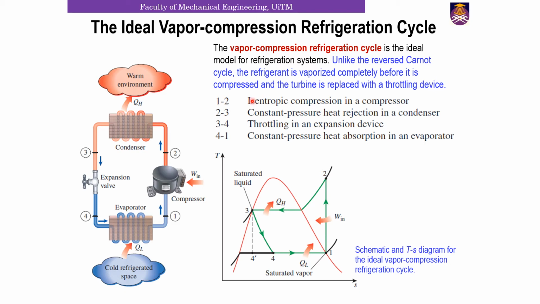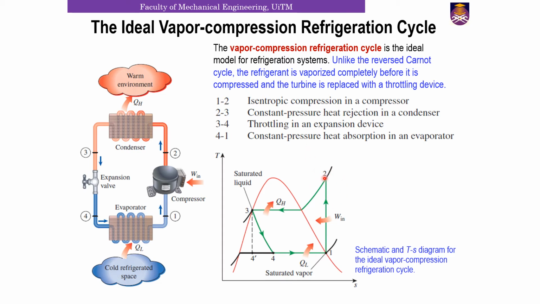So you have isentropic compression in a compressor for process 1 to 2. And at point 2, from saturated vapor at point 1, point 2 becomes a superheated vapor region. So this is very important as we will be using this for our calculations later on. Remember, point 1 here is saturated vapor. This is superheated vapor.